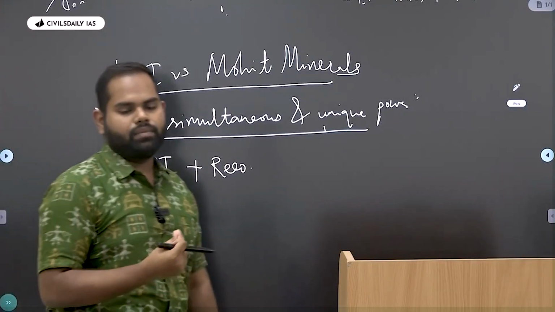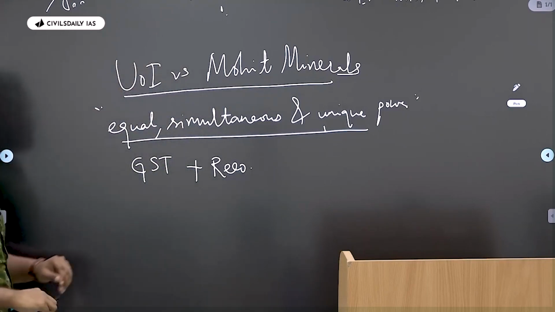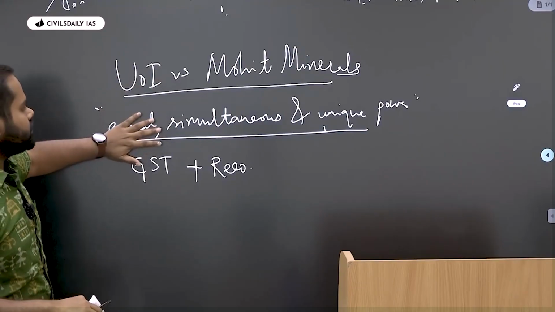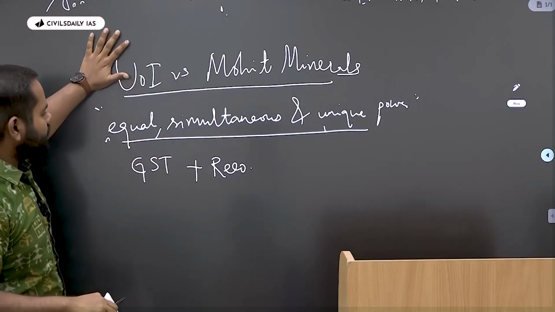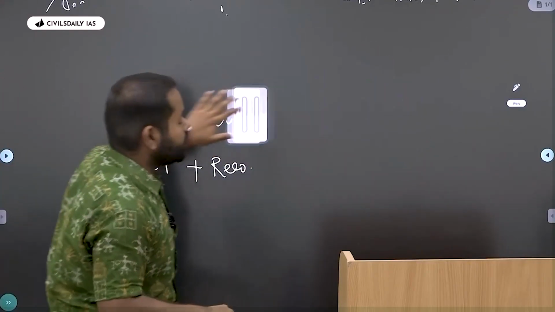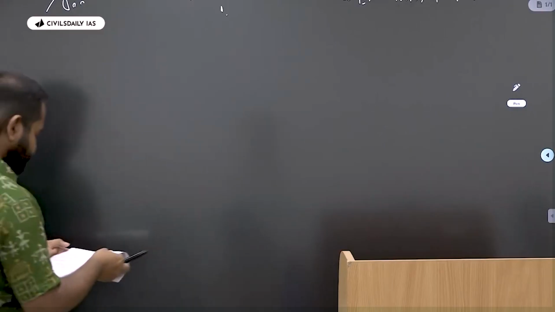This is one of the landmark judgments regarding fiscal federalism and can be quoted in a lot of places. Last year, there was a question on the 101st Constitutional Amendment, which was on GST as well. So that's a relevant judgment that can be quoted, and it was very recent as well.